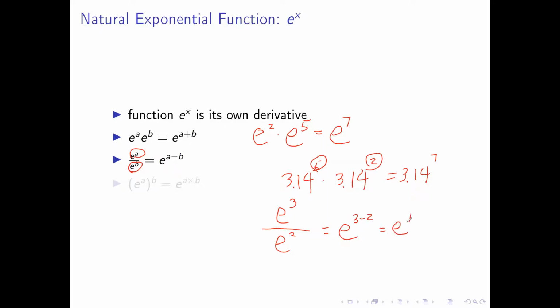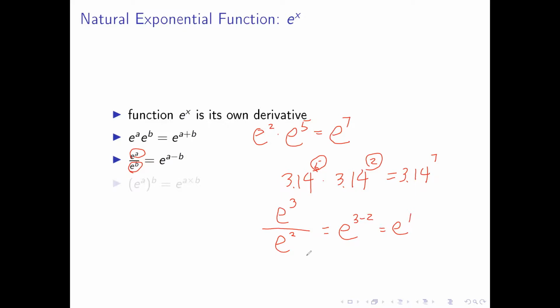And again, this division rule does not only apply to base e. It can be applied to any number used as base. So let's say pi.